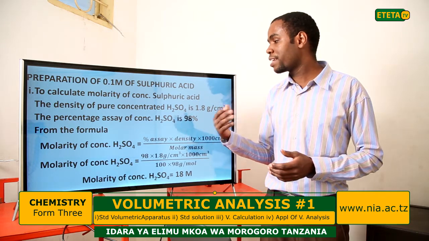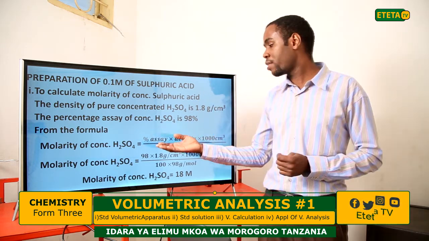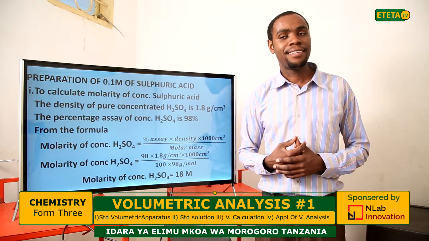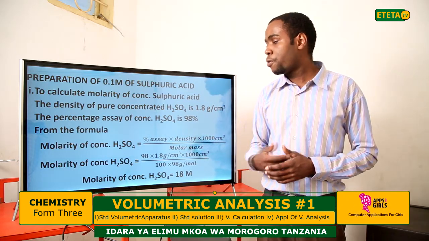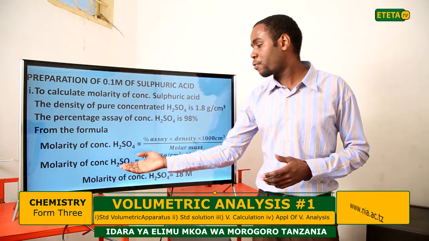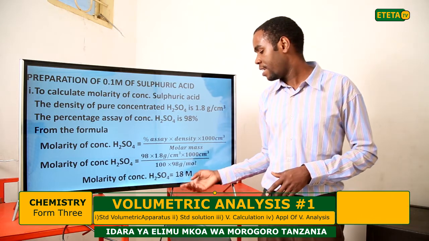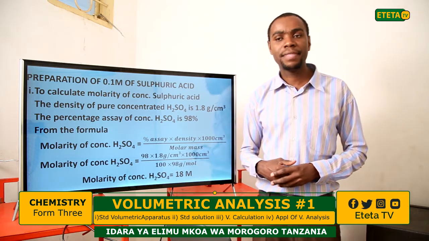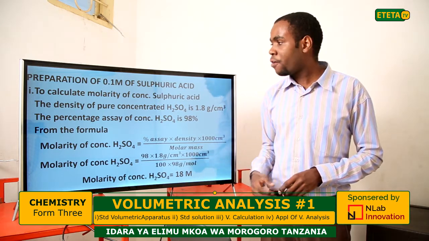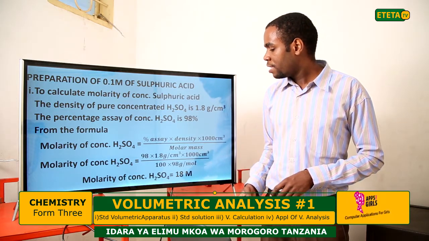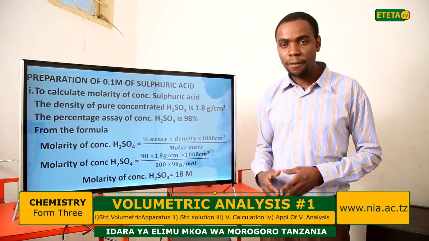In case you have been given nitric acid, you can also use this formula. Now, we used this formula to calculate the molarity of concentrated sulfuric acid, and it is 18 mole per decimeter cube. Now, after obtaining the molarity of concentrated sulfuric acid, what's followed?